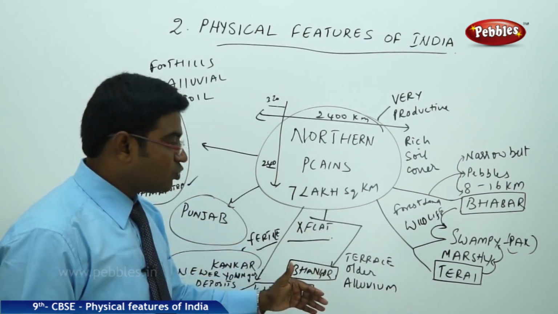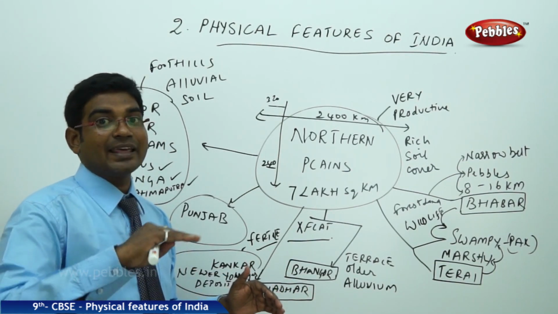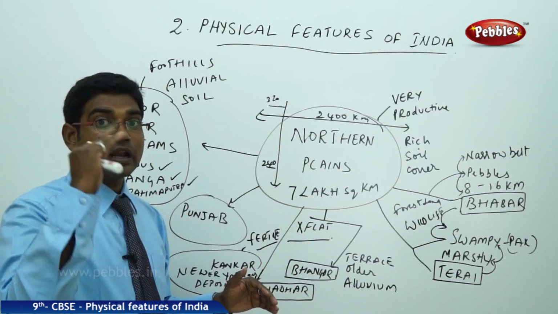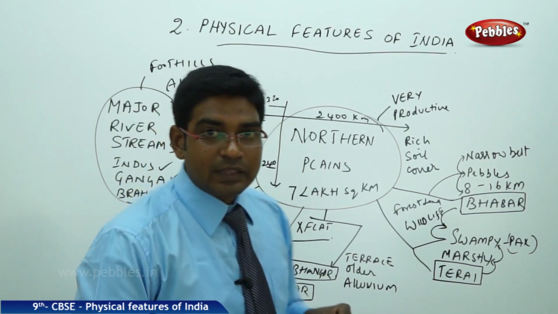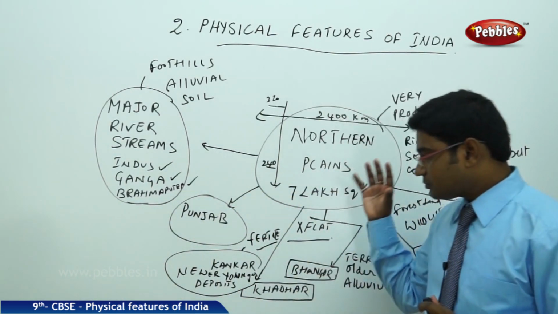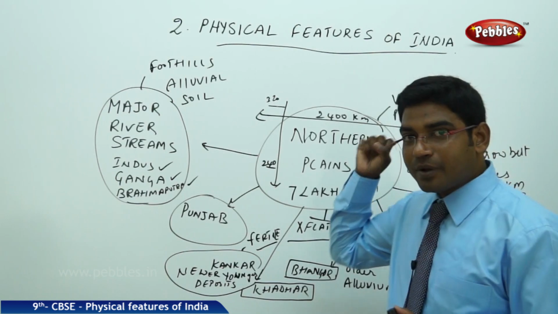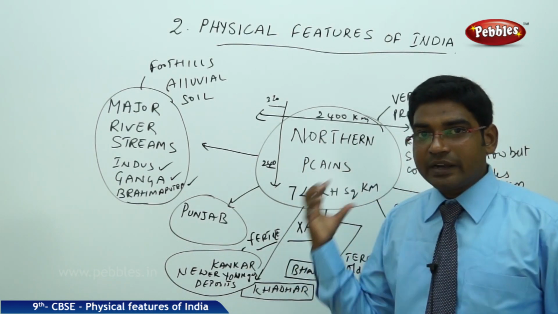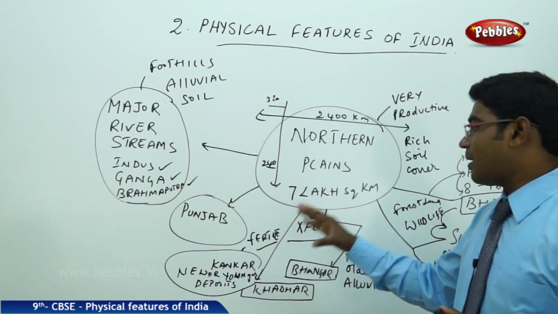And when we move downwards, we find a land which is elevated above the floodplains, like a terrace region having the older alluvium, that is called Bangar land. And last but not the least, the Khadar, the newer alluvium deposited because the movement of the rivers brought it here, and this is a very fertile part.